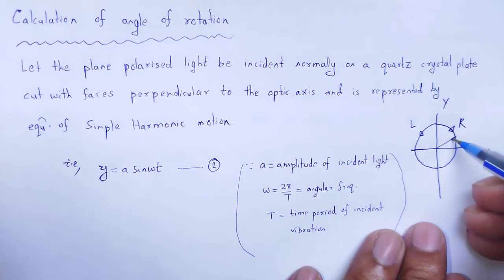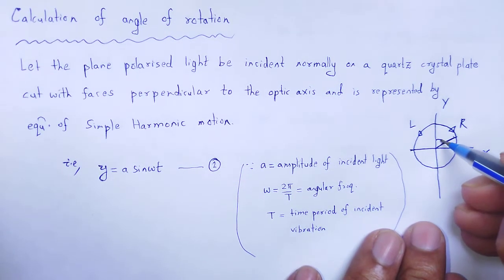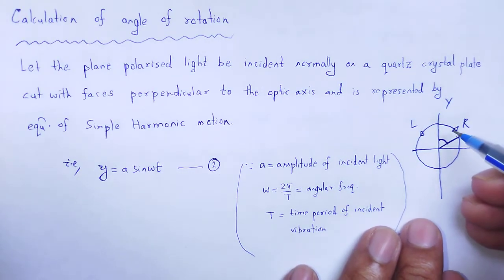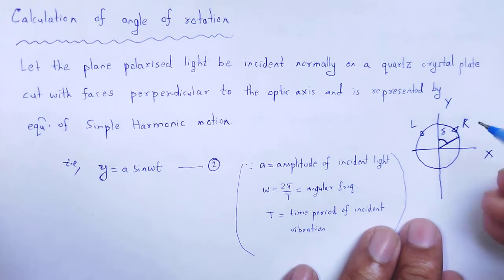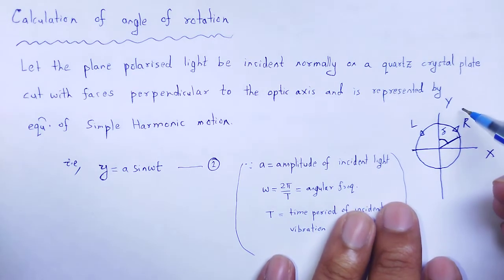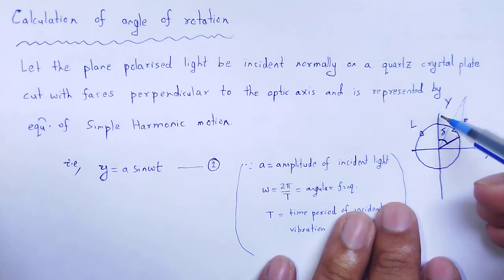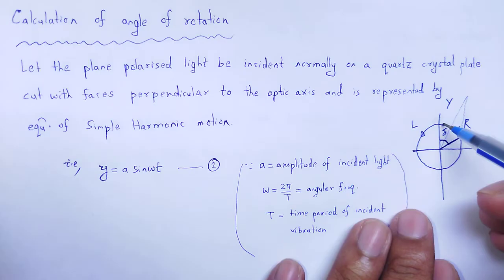This is the right handed, this is the incident. So, the phase difference between these two, let it be delta, and the resultant of these two is evaluated like this.